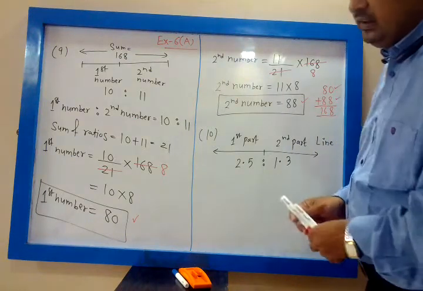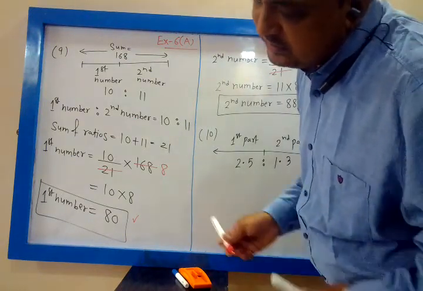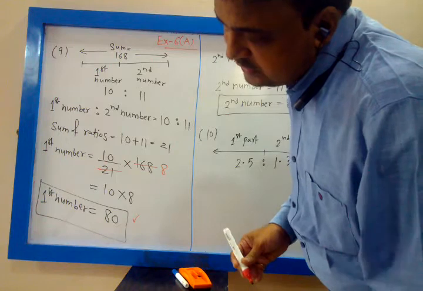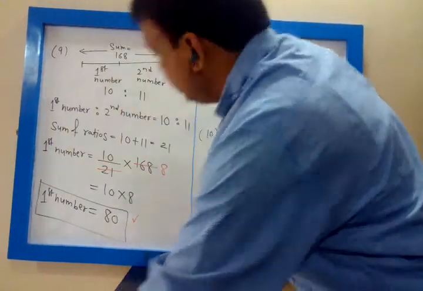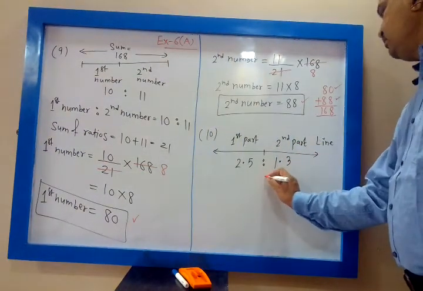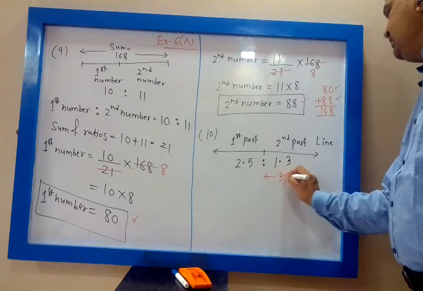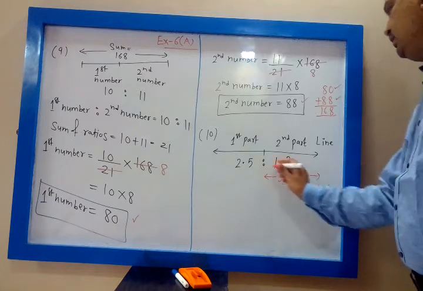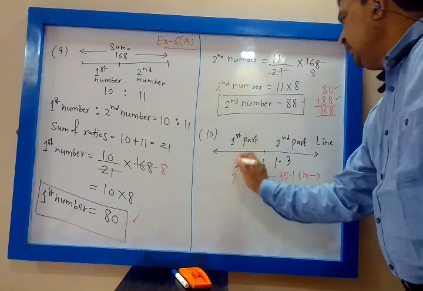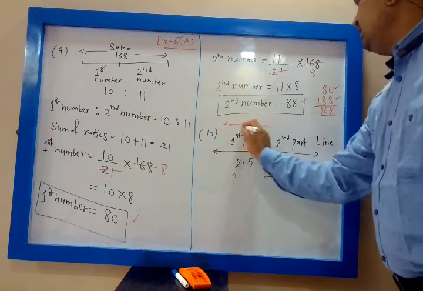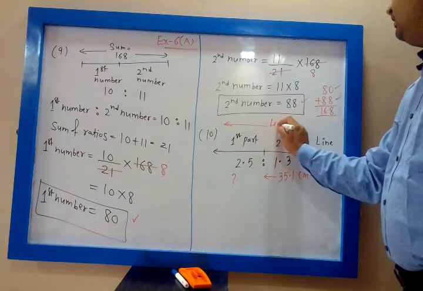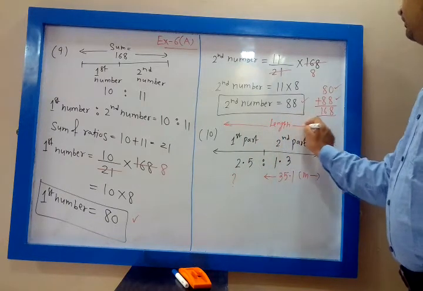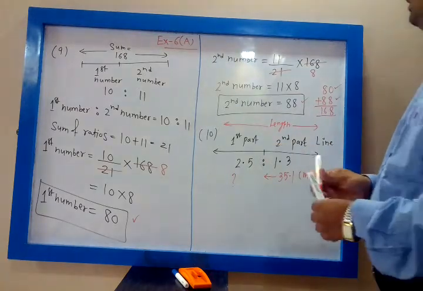So this second part is 35.1 centimeter. So we find the first part and then we find the length of the line. We add the first part and second part, we will get the length.